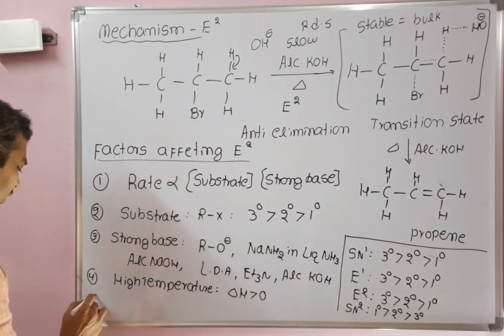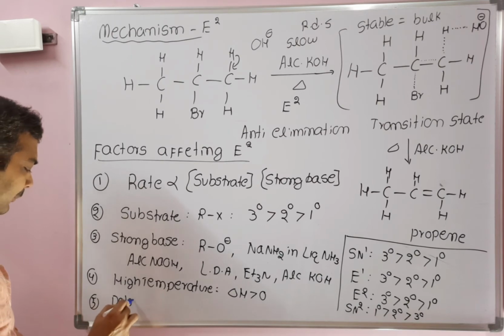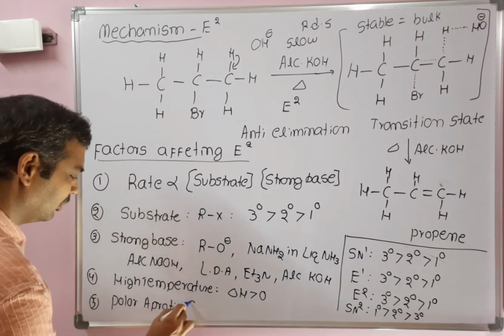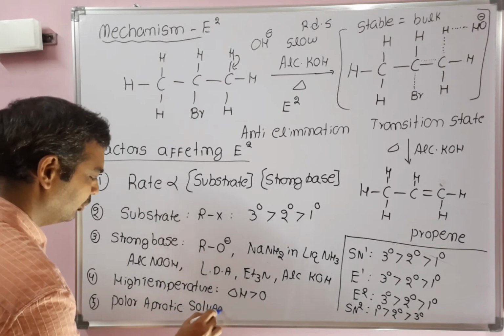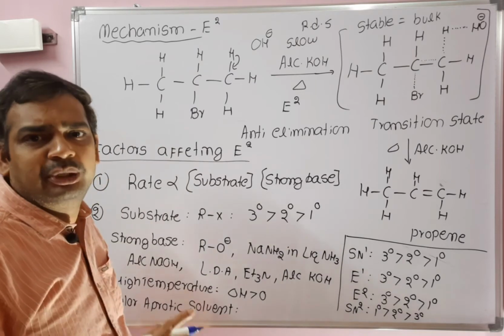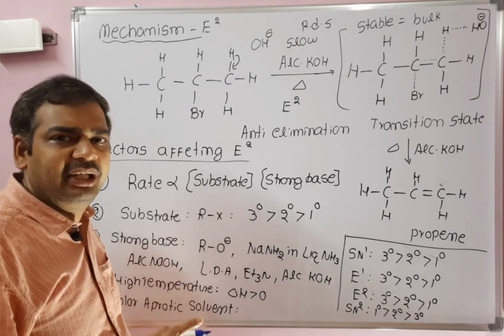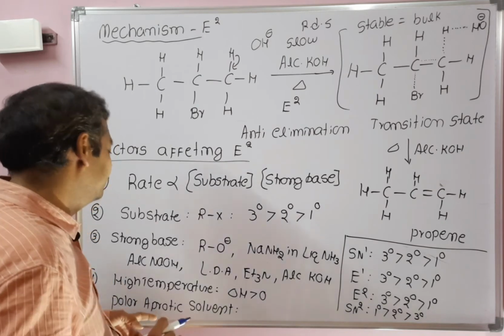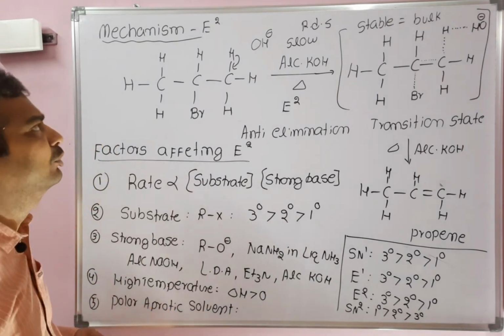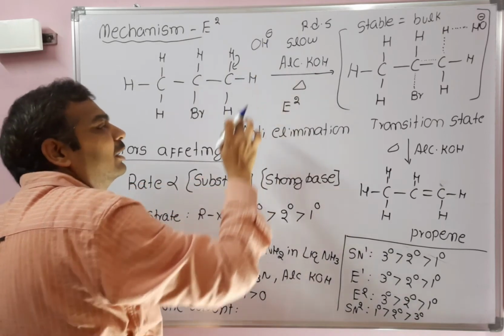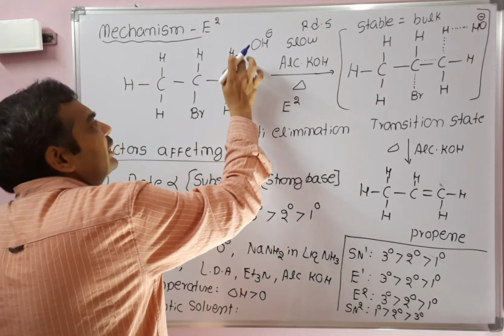The last important point, solvent: always polar aprotic solvents are required. What are polar aprotic solvents? Acetone, acetonitrile, DMF, DMA (dimethyl acetamide), DMSO. If you use a polar aprotic solvent, it stabilizes the strong base, hence it will not abstract a proton here.